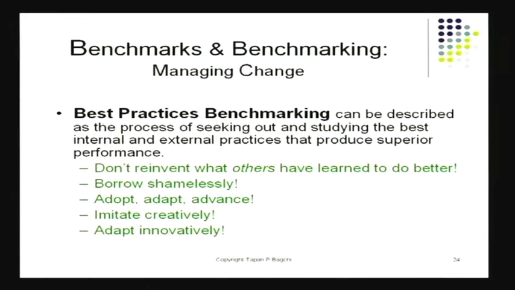Managing change, this is also very, very important. And you've got to have a certain attitude. When you're approaching benchmarking, you've got to have a certain attitude. Do not try to reinvent the wheel. That is not necessary. You should not be so proud that you want to know how to make coffee yourself by doing all the hit and trial and everything else.